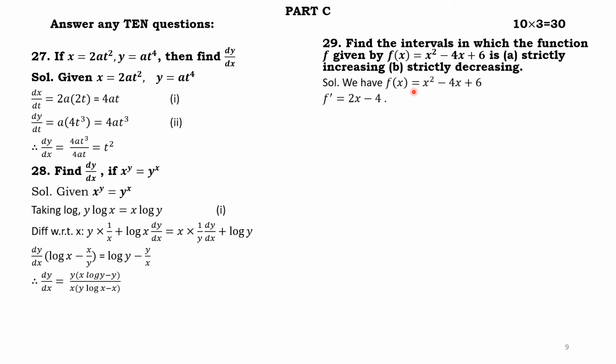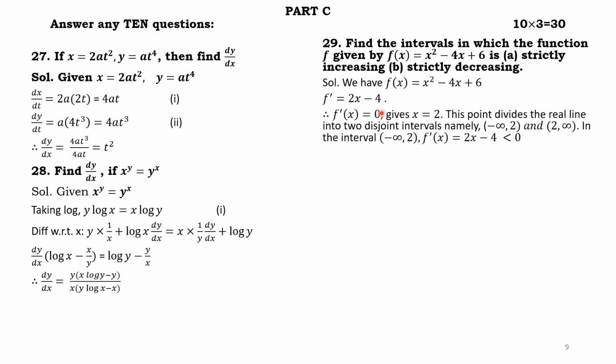Differentiating, the first derivative f dash is 2x minus 4. d by dx of 6 is 0. So, we only get 2x minus 4. Therefore, f dash x equal to 0 gives x is equal to 2, and we get f dash x is equal to 0.